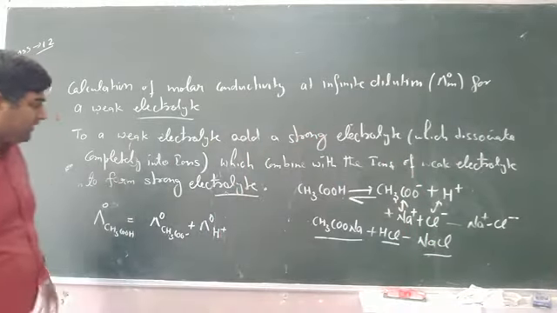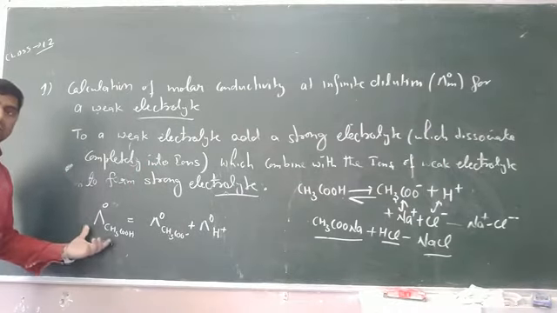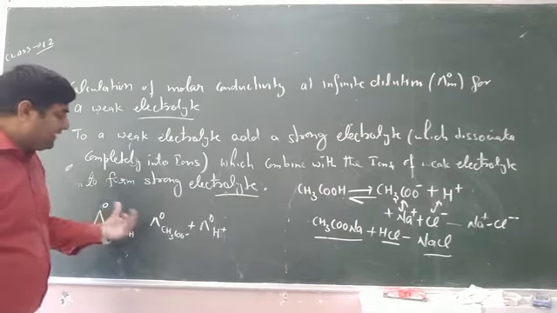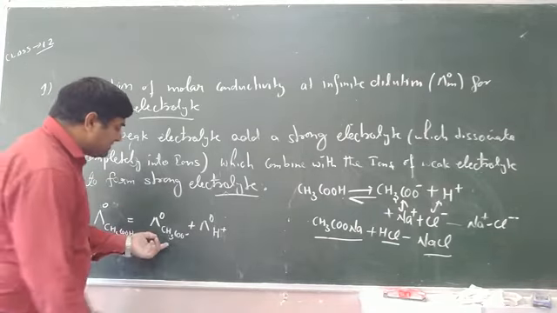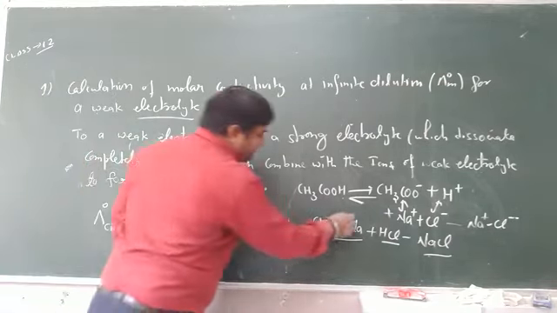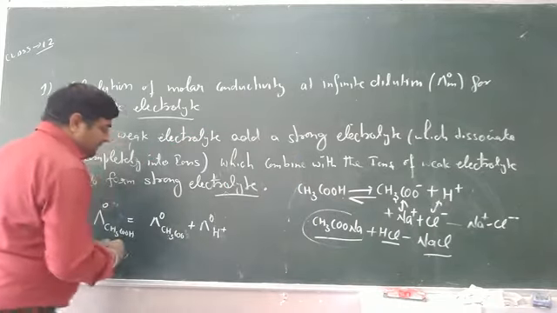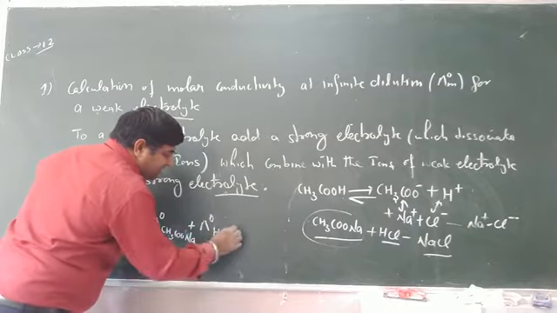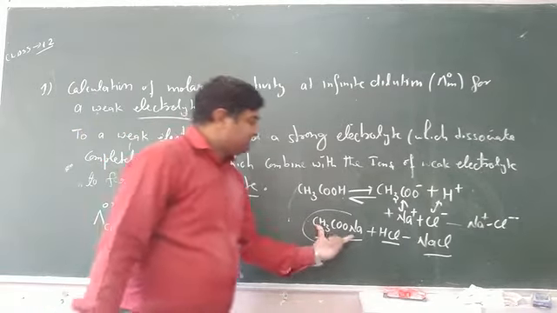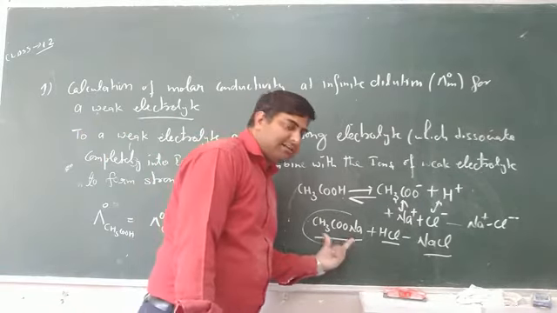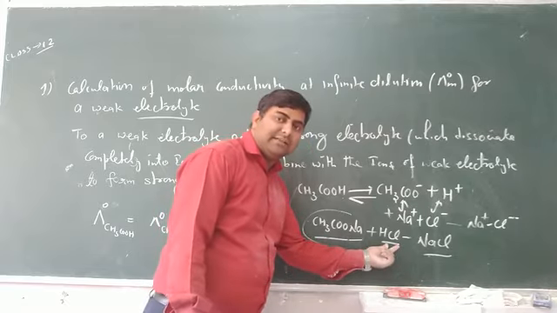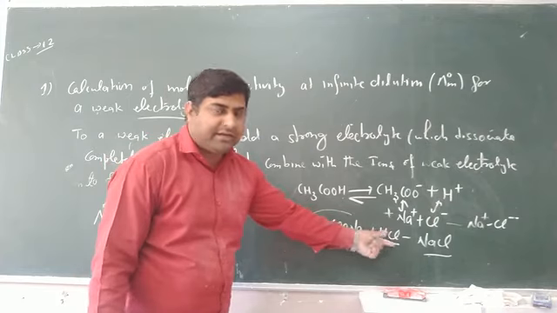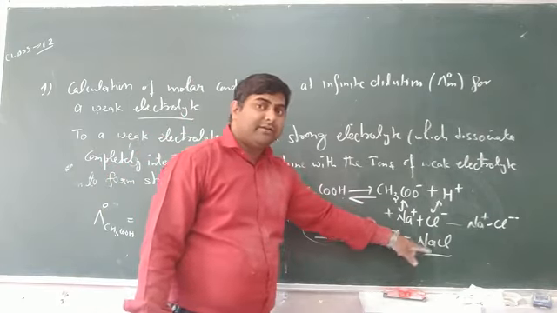So, when we calculate the molar conductivity of acetic acid at zero concentration, it is equal to the molar conductivity of sodium acetate plus the molar conductivity of HCl, minus lambda naught of NaCl. This is a strong electrolyte, this is also a strong electrolyte, and this is also a strong electrolyte.